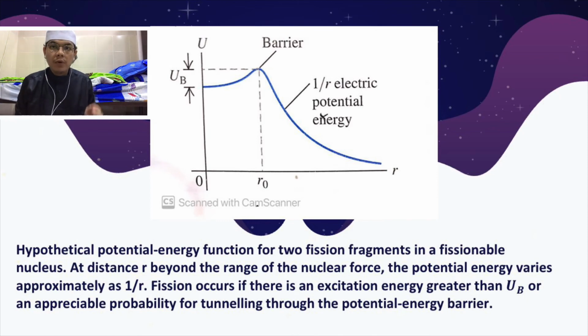Before we proceed to the next slide, I want all of you to focus on the graph in the slide. As you can see, at distance r beyond the range of the nuclear force, the potential energy varies approximately as 1/r. That's the explanation that I want to give you about the picture in the slide.